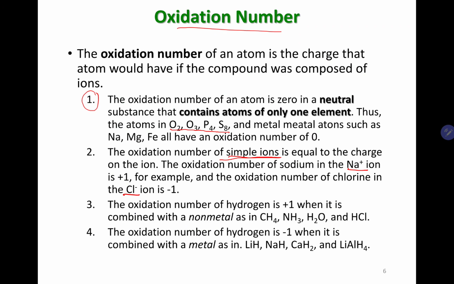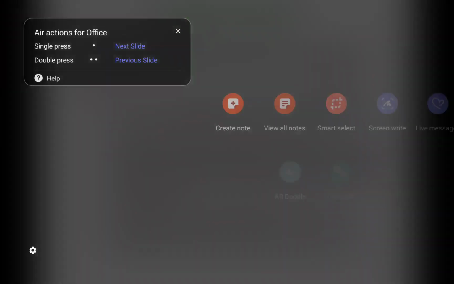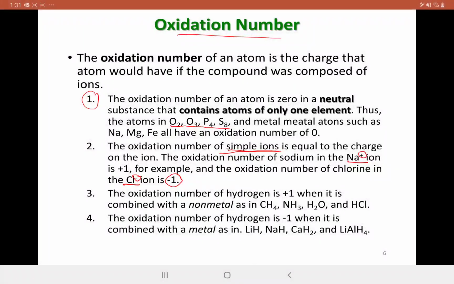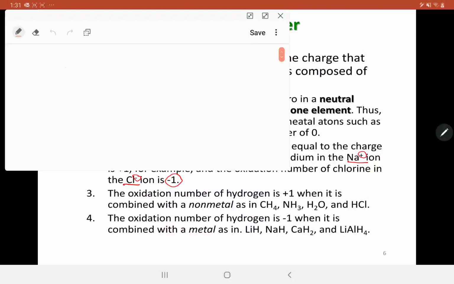So for sodium ion, the oxidation number is +1 because you have a +1 charge there. For chloride ion, the charge is -1, so the oxidation number is -1. If you have an ion like oxide, O2 minus, you know the oxide ion, right?